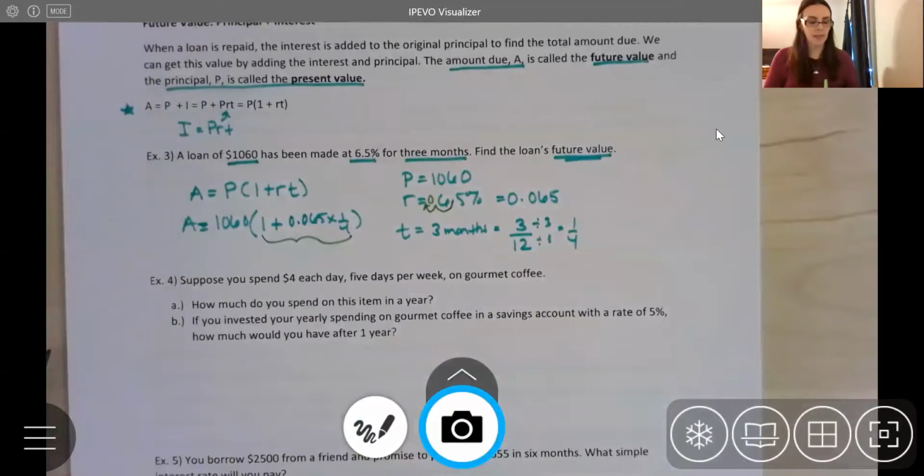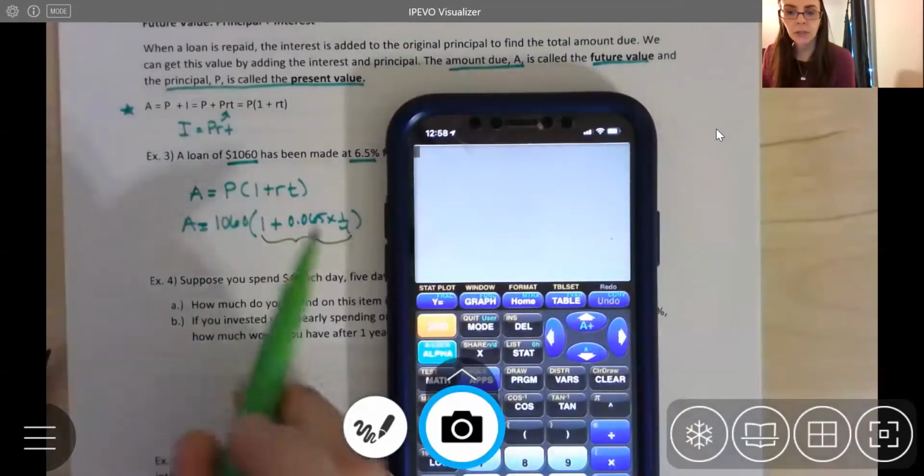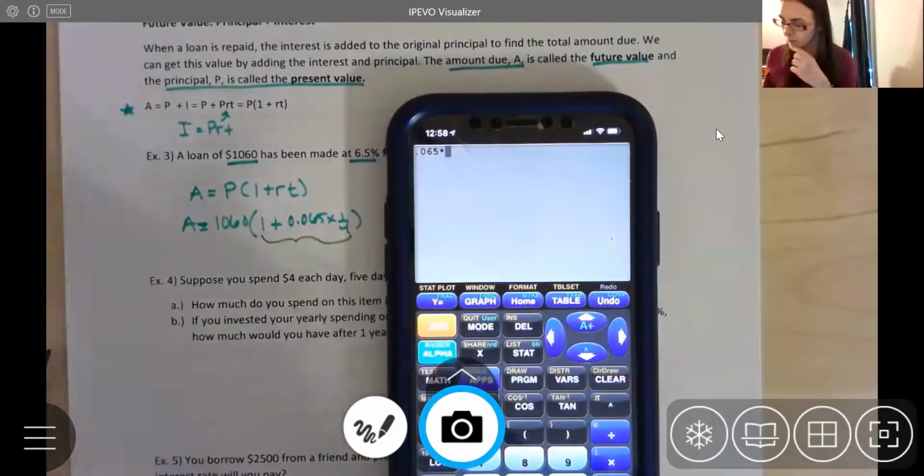All right, so I'm just going to take out my calculator here just to kind of do the steps along with you guys. So we're going to work inside the parentheses first, and you want to remember with order of operations, we're going to multiply before we add. So I'm going to do 0.065 times. Now, when I do the 1/4, I am going to put it in parentheses in my calculator, so my calculator knows that this is something that needs to be together.